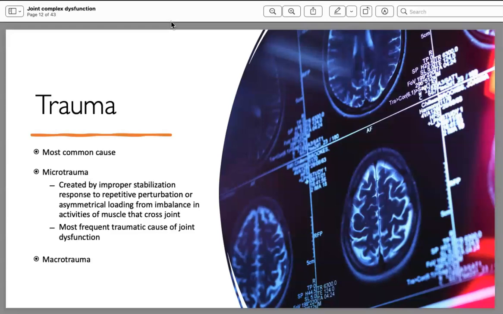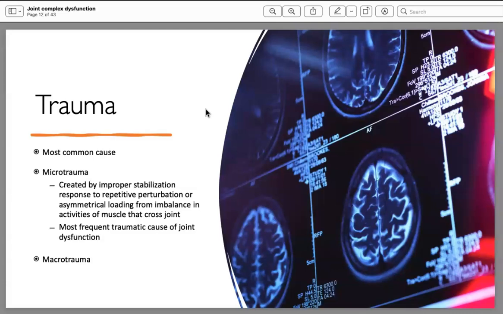For example, let's just say someone gets their ACL repaired and they have to wear an immobilizer for a couple weeks before they start moving that knee. They might get postural adaptation or immobilization adaptation that causes joint dysfunction just from sitting more often, utilizing crutches, not necessarily within that joint of the knee, but other compensatory mechanisms overall.